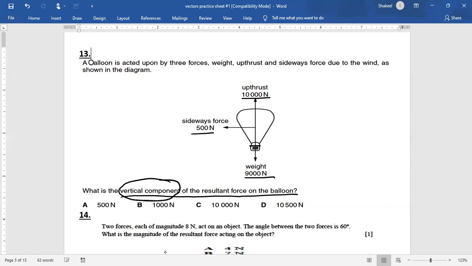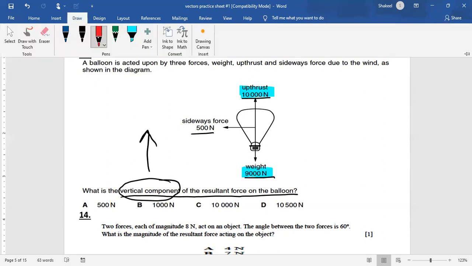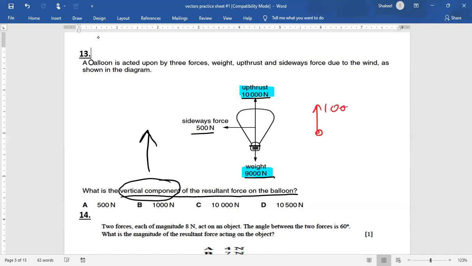Vertical component. Vertical means like this. So we say that the weight is 9,000 over here, up thrust is 10,000. So when you simplify it, 10,000 is upward and 9,000 is downward. So it means the resultant vertical force will be 1,000 Newton upward. So it is 1,000. So no need to treat this sideways force because we have to find the vertical component.